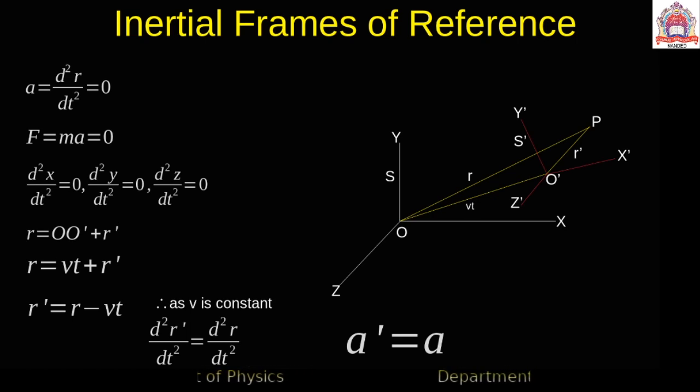But due to the rotation of the earth, a particle at rest on the surface of the earth experiences centripetal acceleration, which cannot be entirely neglected for all purposes. So this is the inertial frames of reference.